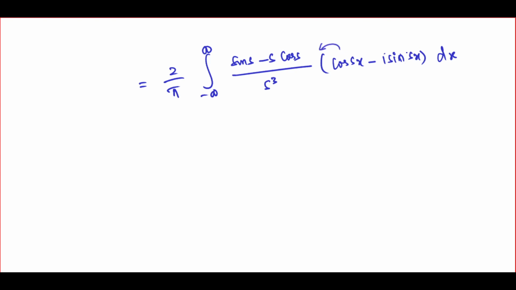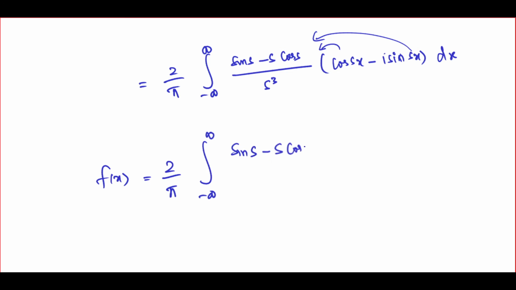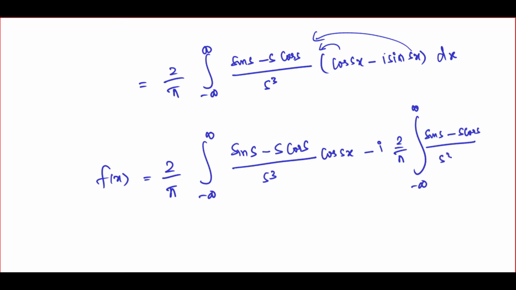So this one you multiply with this and distribute, multiply this, and hence you get f of x equal to 2 divided by pi into the integral from minus infinity to infinity of sin s minus s cos s divided by s cube times cos sx, minus i into 2 by pi integral from minus infinity to infinity of sin s minus s cos s divided by s cube times sin sx dx. Okay, so that's my integration.